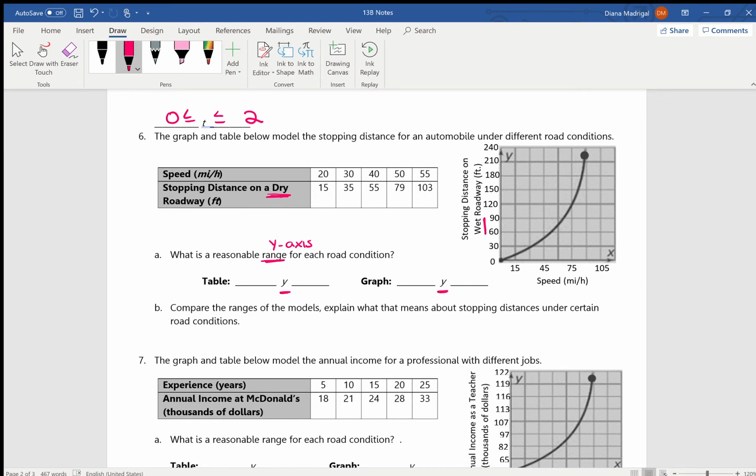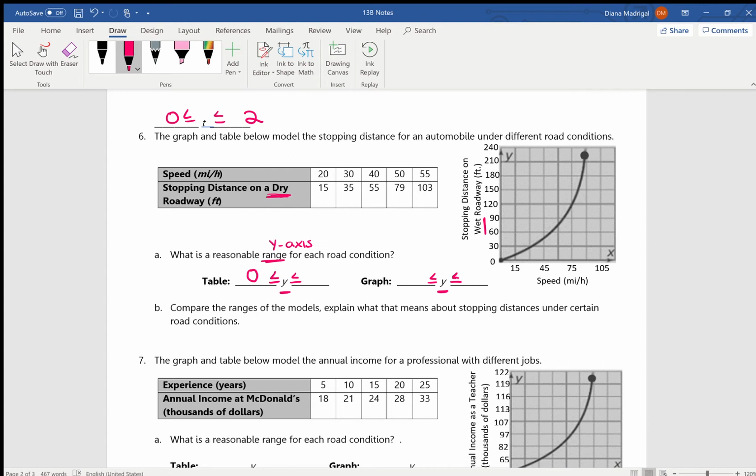Every time we write this, remember we're writing in intervals, so we should have our symbols. We just have to figure out when it starts and when it stops. From the table, they told you the speed is 20, but we all know the speed always starts at 0, because every time you're driving, you start from 0.